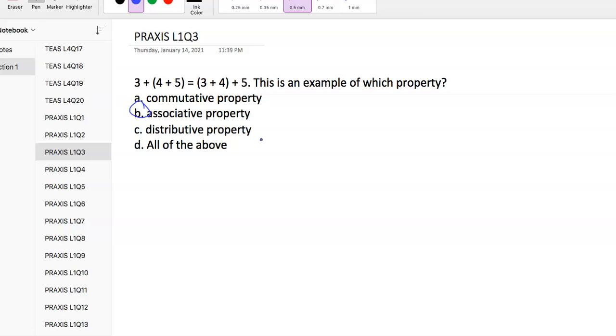So in this one, we have 3 plus 4 plus 5 equals 3 plus 4 plus 5. All we're really saying here is where those parentheses are doesn't matter. And if we reversed the order here, it wouldn't matter either for addition or for multiplication. Different for the others. So for associative, for addition or for multiplication, how we group the numbers, where we put the parentheses, that will not affect the final answer.